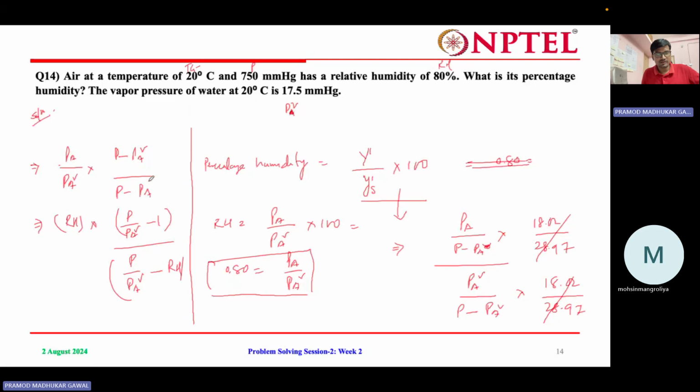Means PA divided by vapor pressure, that's the relative humidity. So put the value here, RH 0.8, total pressure given 750 mm Hg, vapor pressure given 17.5 mm Hg. Put in this equation, you will get the percentage of humidity.